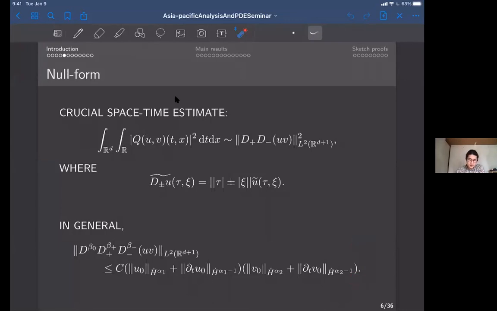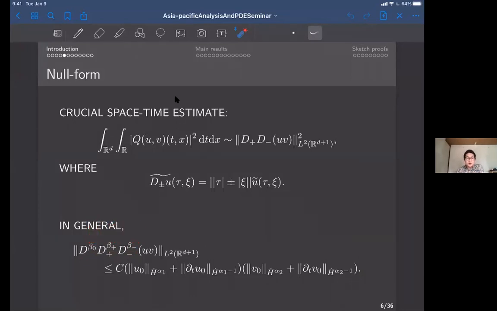On the left-hand side, we have 3 parameters, beta 0, beta plus, and beta minus. The one we are considering now is the case when beta 0 is 0, beta plus is 1, and beta minus is 1.